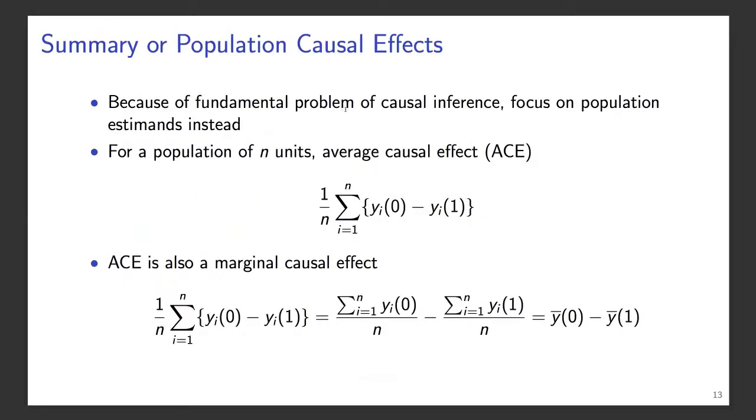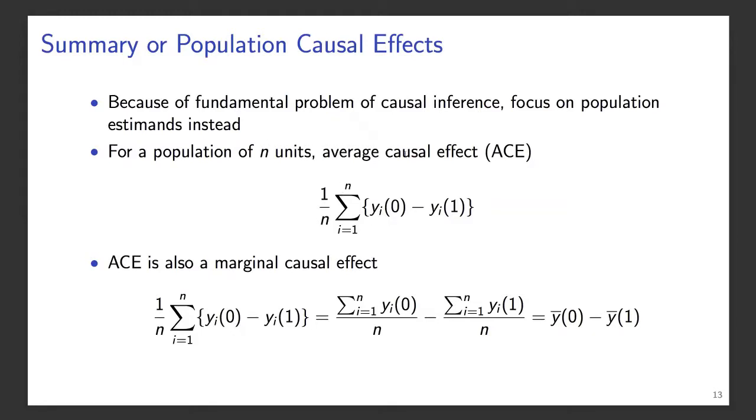So for that reason, what we tend to do instead is try to answer questions at a population level. There are a couple different ways to approach this. One way is to think of our population as a fixed finite population of n individuals, and then define parameters in terms of averages across those n units.